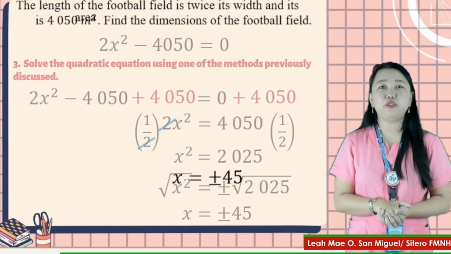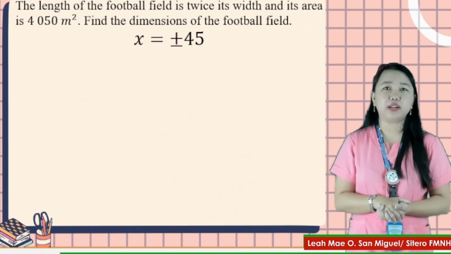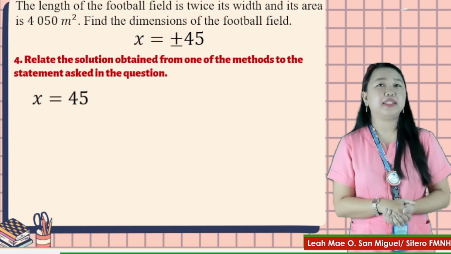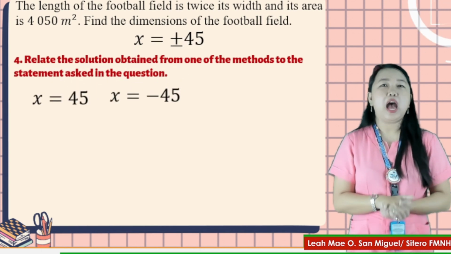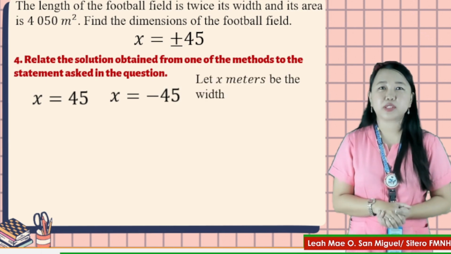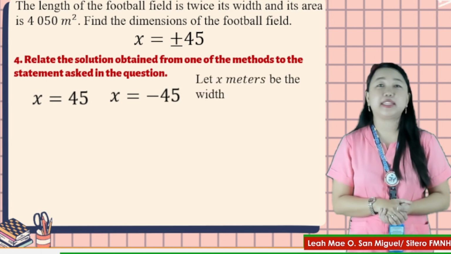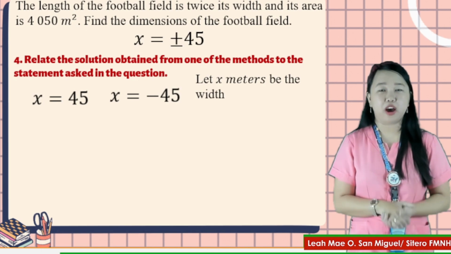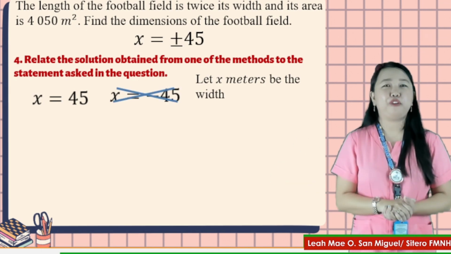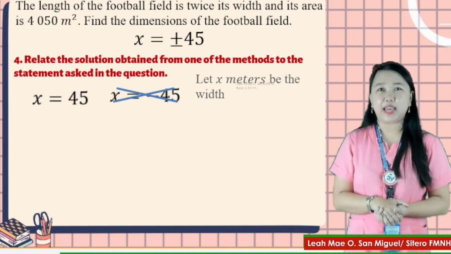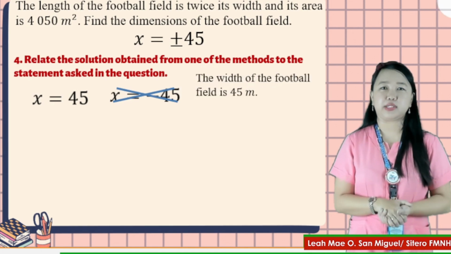We have the two values of x, which are positive 45 and negative 45. However, since x represents the width of the football field in meters, it can't be negative. Thus, x must be 45. The width of the football field is 45 meters.